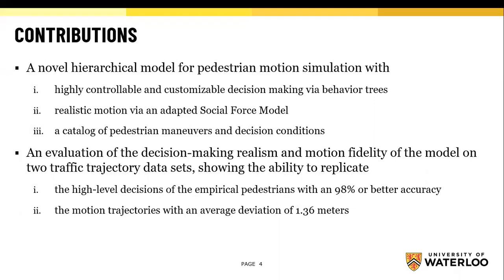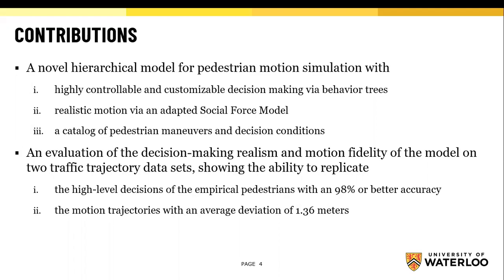The second part of these contributions is the evaluation of this model. We evaluate on two different trajectory data sets that have different road structures. We want to measure the decision-making realism and the motion fidelity of the model.